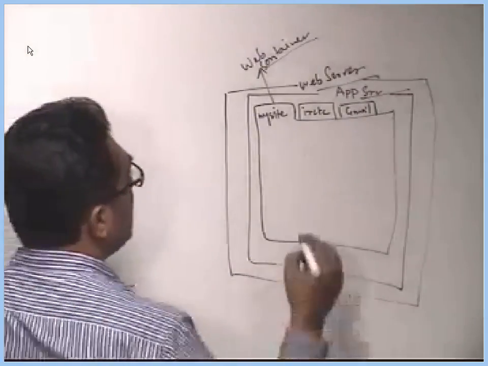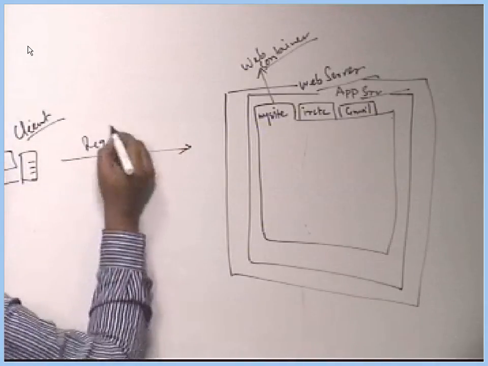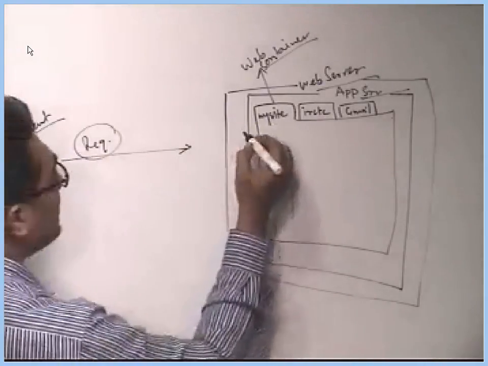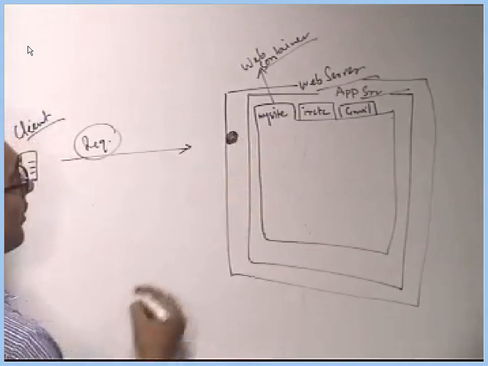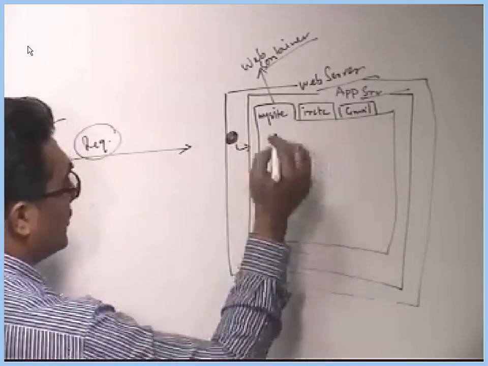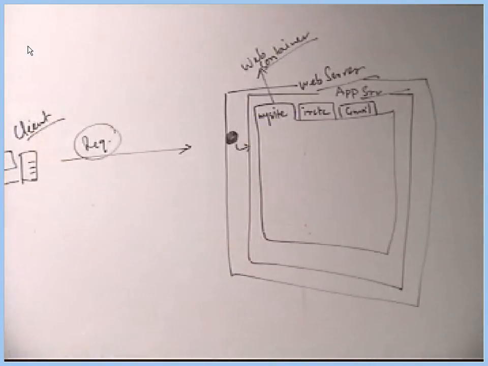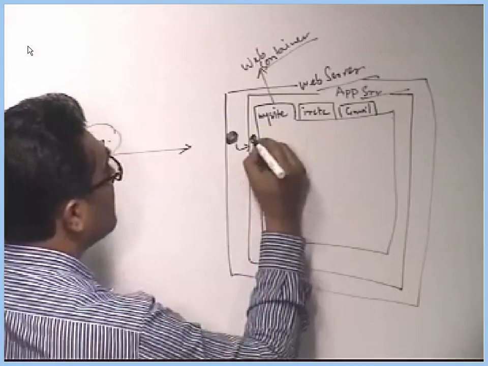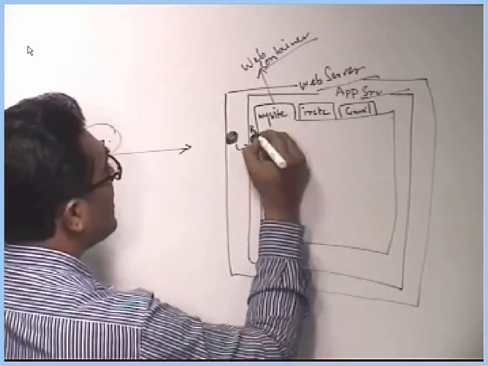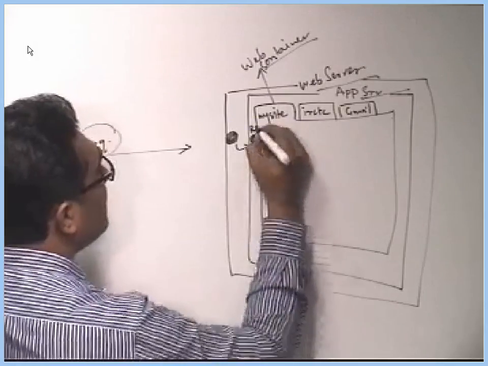Now, when a request is sent by the client, it is first received by the web server. The web server hands it over to the application server. The moment the application server receives any request, it generates two objects: one is the request object, another is the response object. So this is my response object and this is my request object.